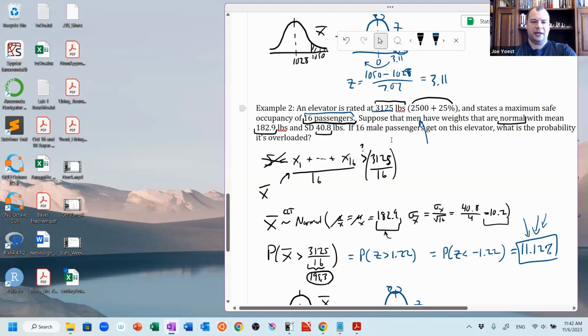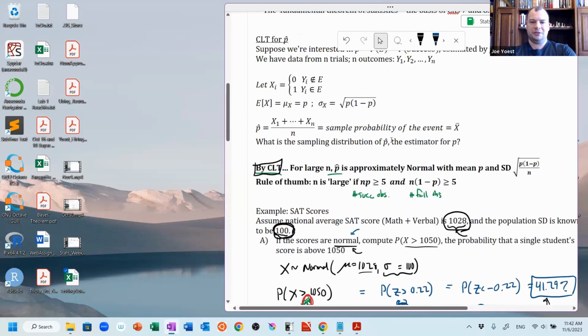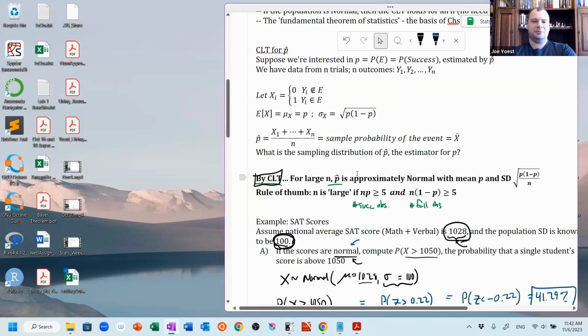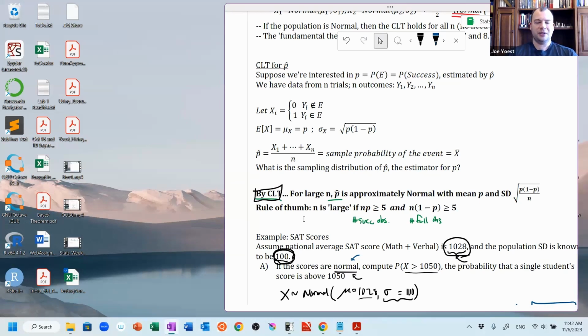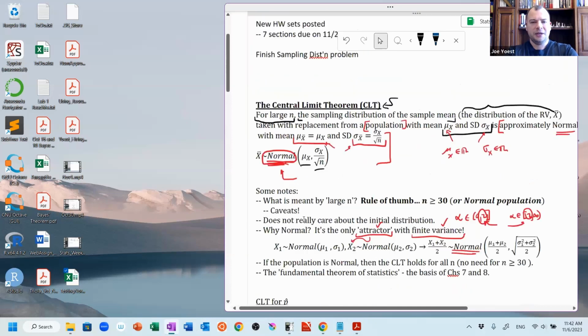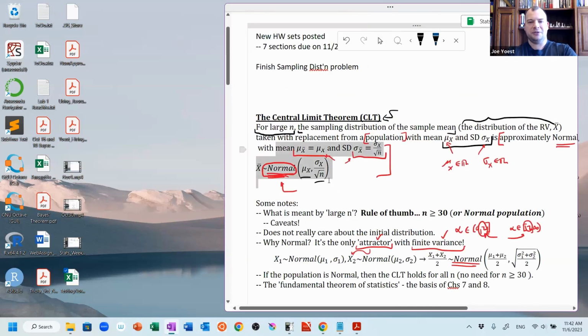We'll also see later on for some of these other sampling distributions, remember I mentioned there are different sampling distributions. Different sampling distribution results and different confidence interval and hypothesis test results that build off of those have different amounts of tolerance to deviation from normality, right? So I can apply this result of the central limit theorem to a population that's not normal.